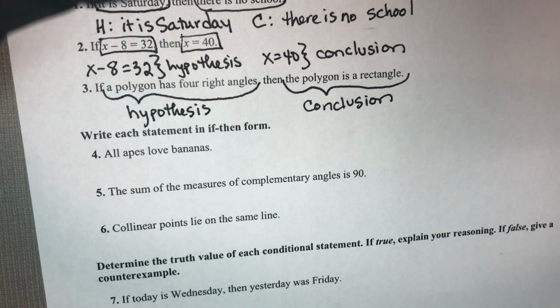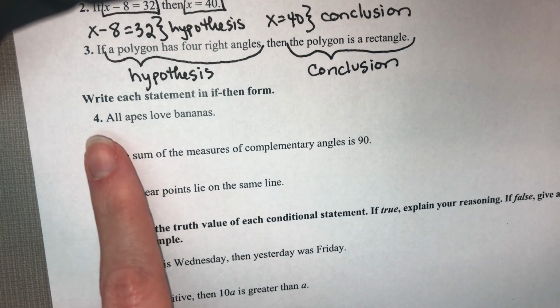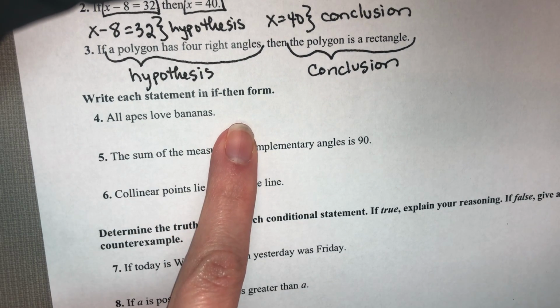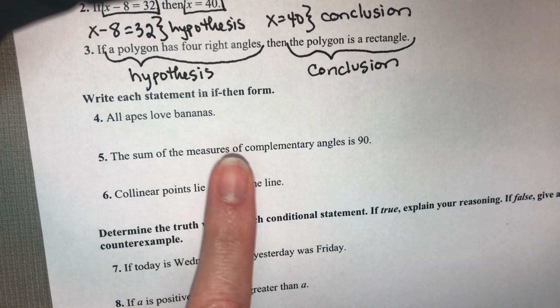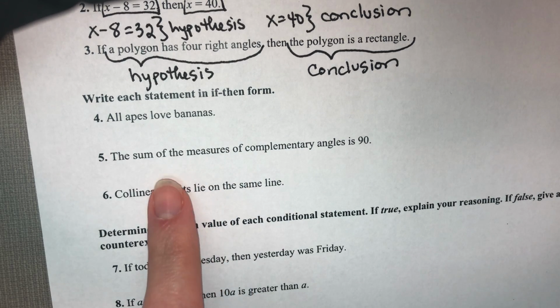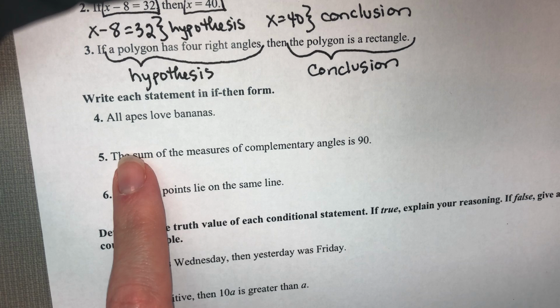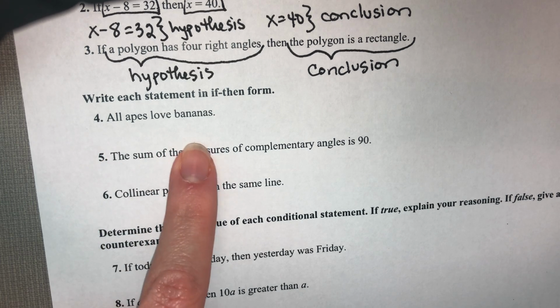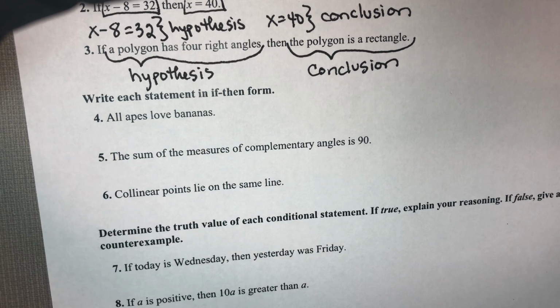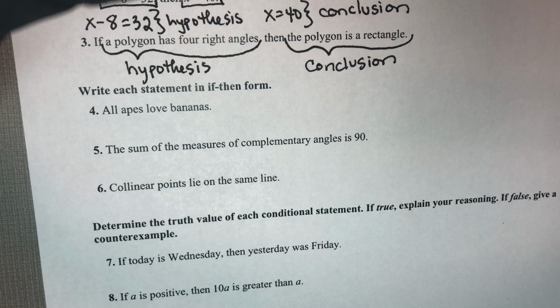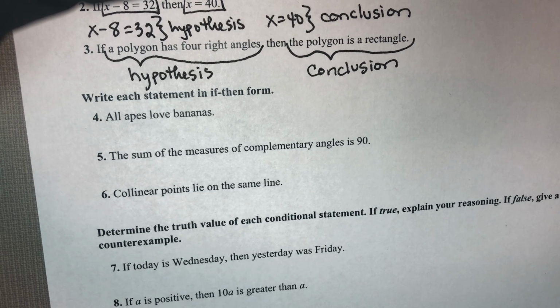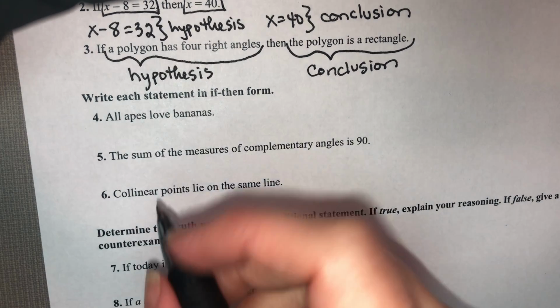Okay, the next set says write each statement in if-then form. So these statements don't have an if and a then in them, but we have to add them in so that they make sense. So number 4, statement 4 says all apes love bananas. So we need an if, something, then something else. So we wouldn't say if all apes then love bananas. We need to kind of add some words in so that it makes sense in English.